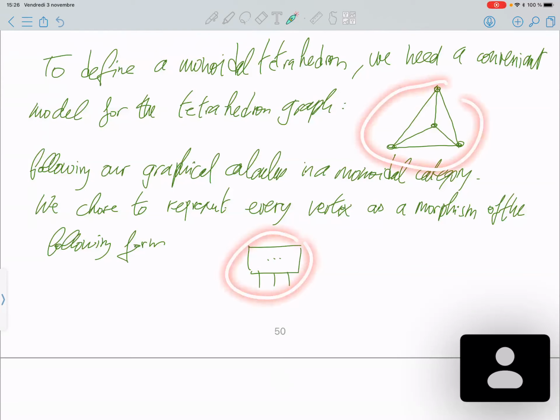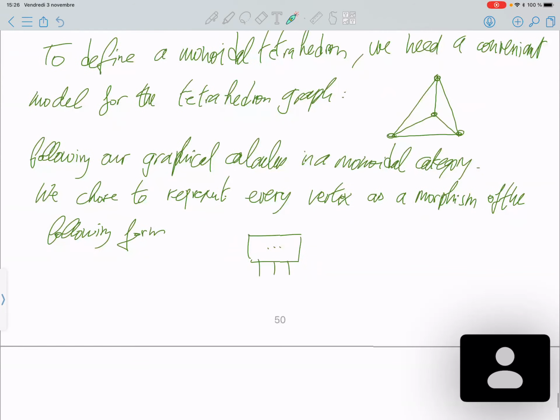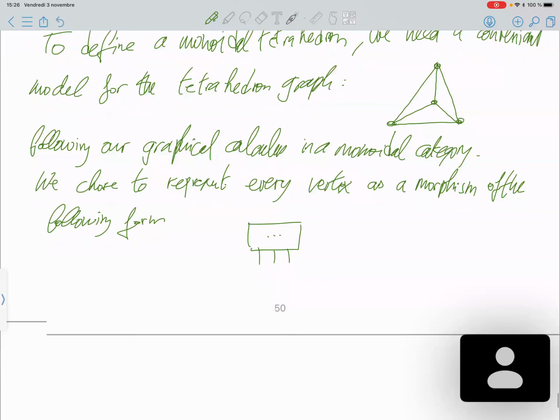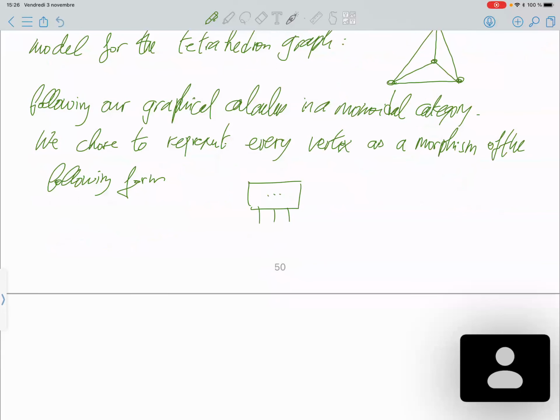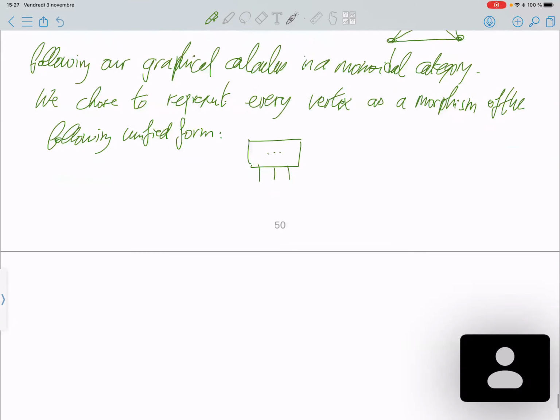That will require some torsion. So we choose to represent every vertex as a morphism of the following unified form, because it's more convenient.